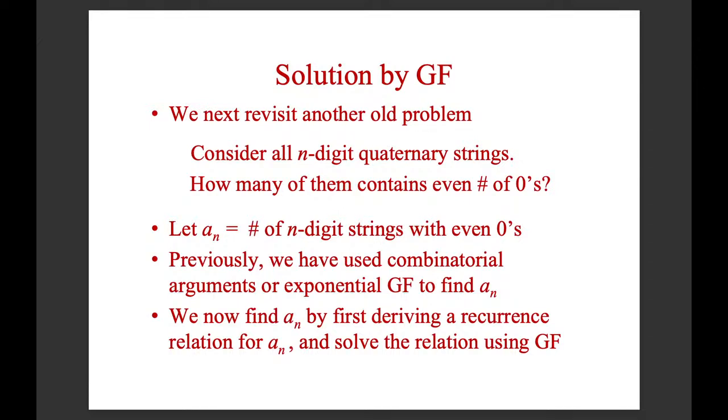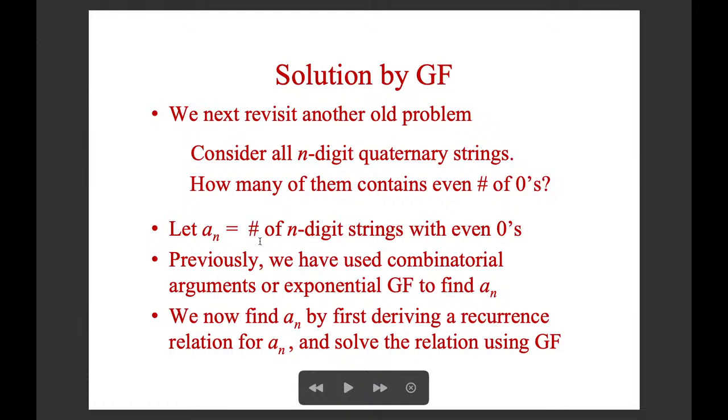For this problem, we have a combinatorial proof before, so we can solve this using combinatorics. We can also solve this by using the previous recurrence relation by solving the characteristic equation. But here, let us use this as an example to solve it by using recurrence and then solve the recurrence using generating function.